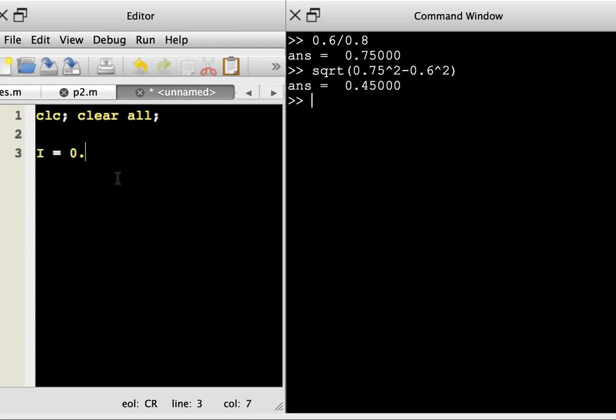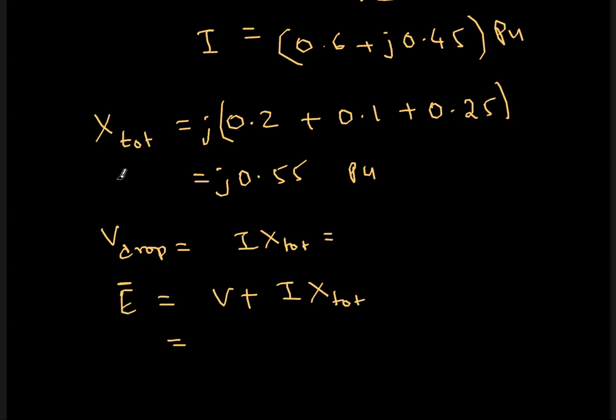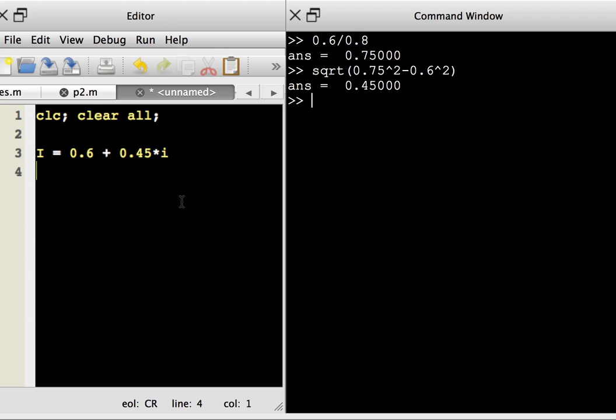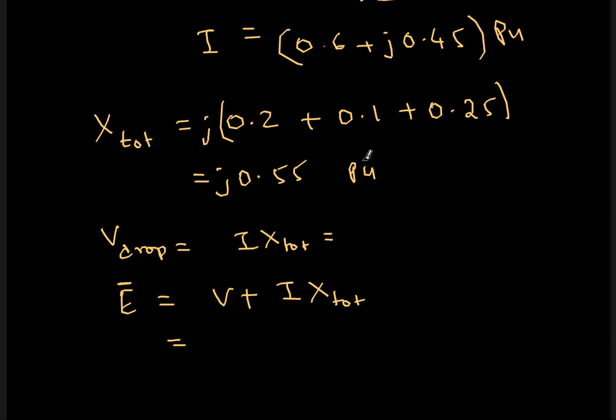I is 0.6 plus 0.45 into I, and then X total equals 0.55 into I. Here I is the square root of minus 1, defined as a constant in Octave or MATLAB.